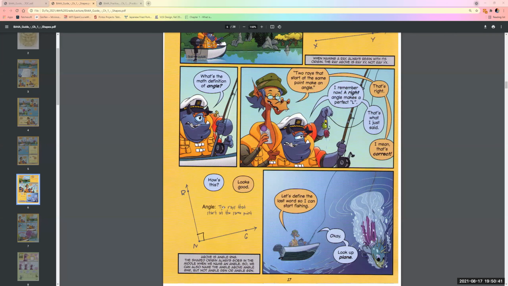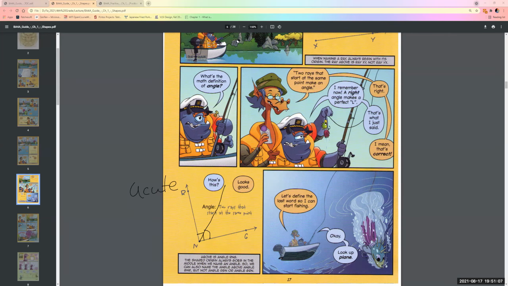This is kind of a little off topic, but since we're just blasting through the section, I think that's fine. So we have three types of angles. There are acute angles, things that are smaller than 90 degrees. That's a terrible drawing, but this is the acute angle.